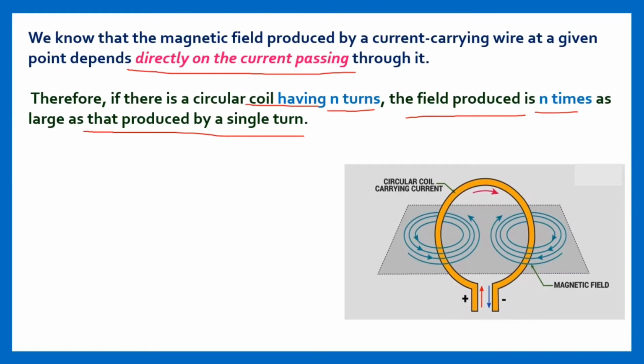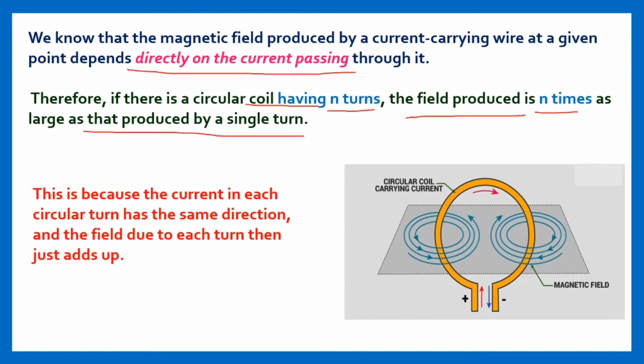If there are 3 turns, the magnetic field will be 3 times the magnetic field produced by one turn. 5 turns, it will be 5 times. 7 turns, then it will be 7 times. And if there are n turns, then the magnetic field will be n times that field produced by the single circular loop, right?